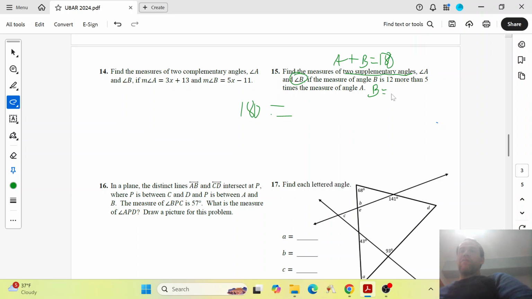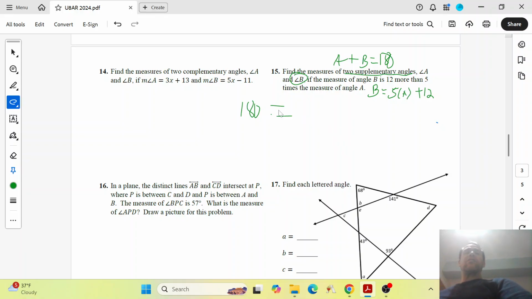So we're trying to say that angle B is equal to, angle B is, which means equals, 12 more, so plus 12, then 5 times whatever angle A is. Okay?